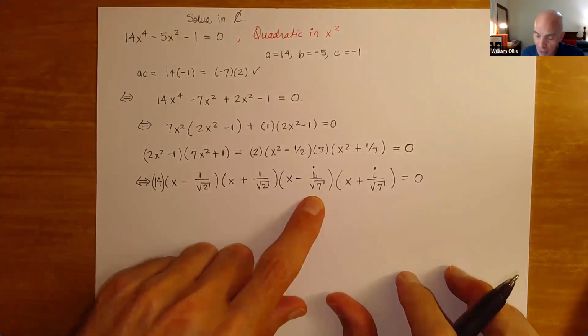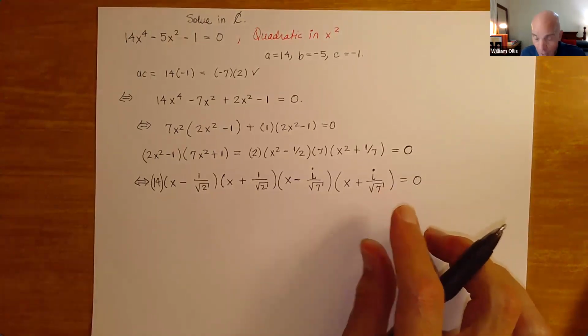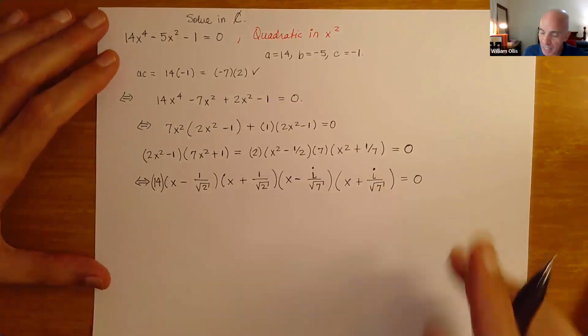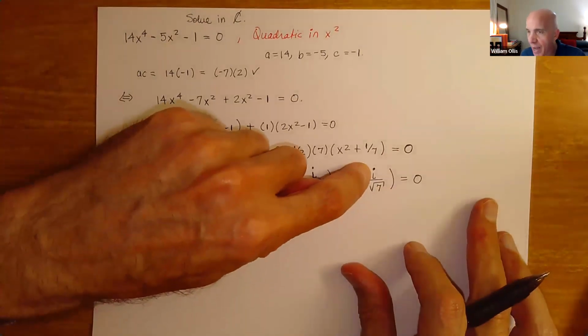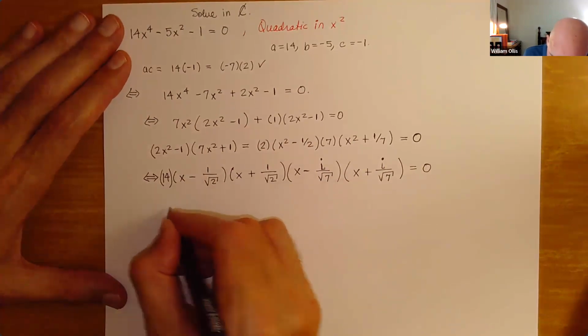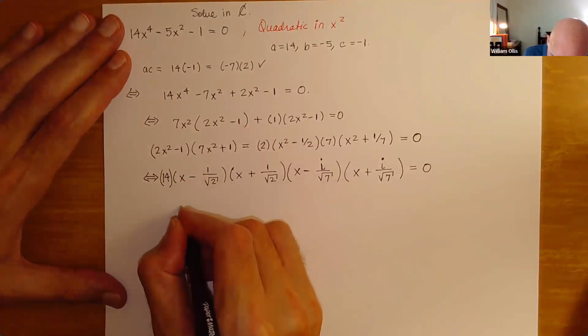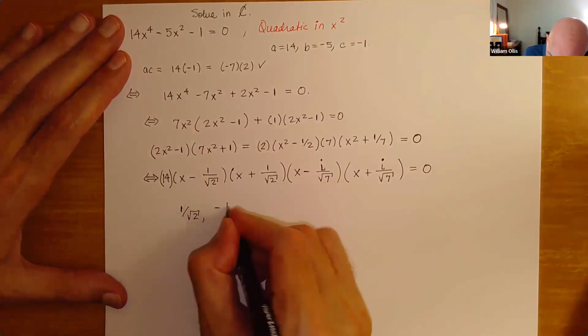So the key here is that we know that when we take the square root of negative 1/7, we get the square root of 1/7, which is 1 over root 7 times I. So if you like, you could just move the I up in the numerator. So now if you set all these to 0, this will give us what? 1 over root 2, negative 1 over root 2.